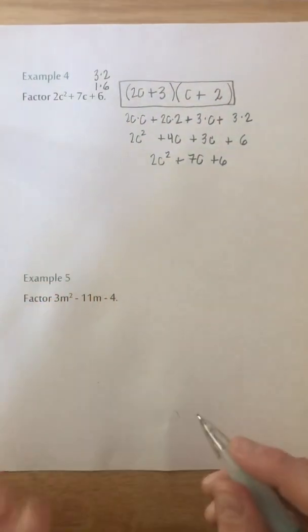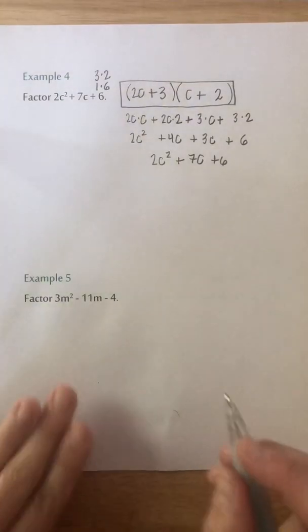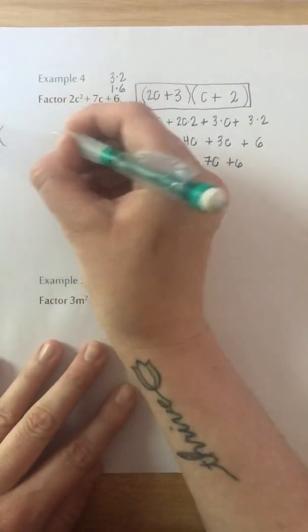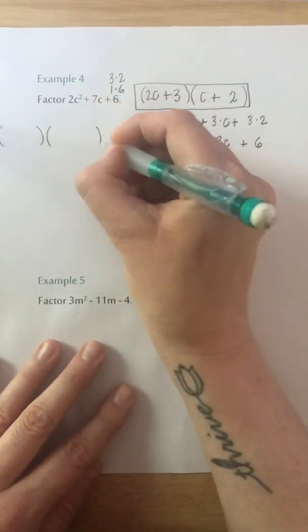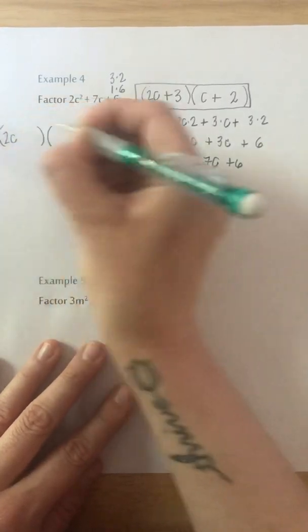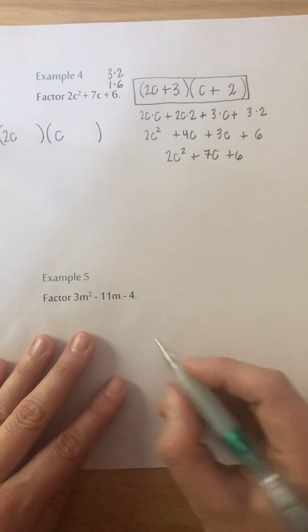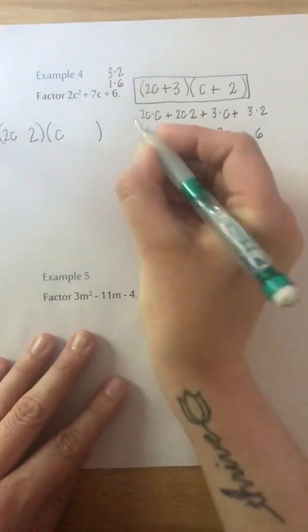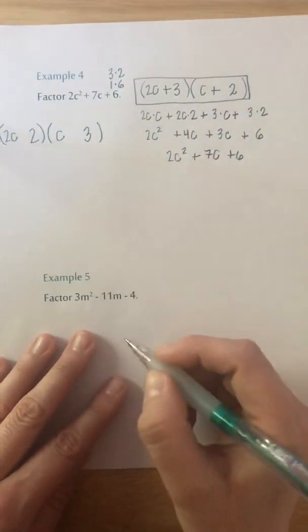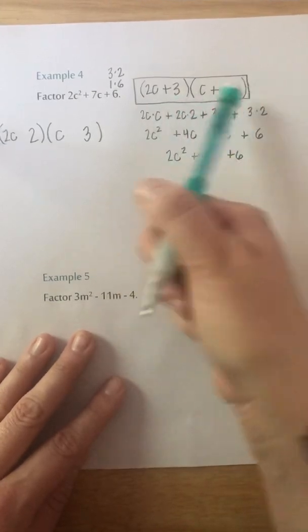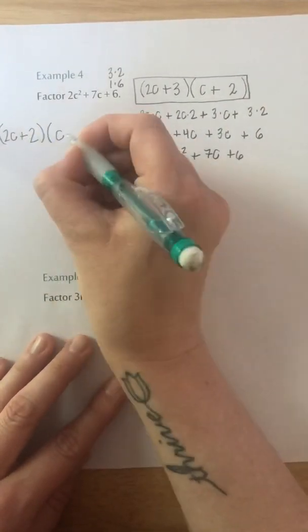Here's something I do want to show you real quick. We actually got lucky that we got the right answer first. Remember, we already said we needed a 2c and a 1c, but what if when you plugged the numbers in, you had plugged a 2 in the front and a 3 in the back? So what if I had switched those numbers around?